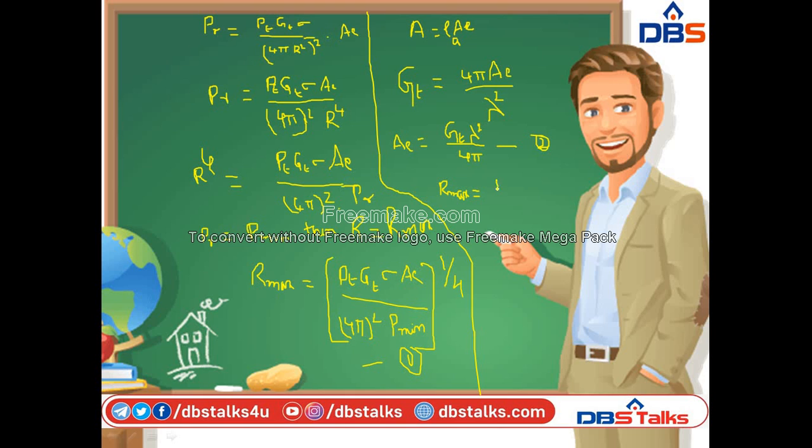That means PT GT square sigma lambda square by 4 pi whole cube, into P min, whole to the power of 1 by 4. This is our modified radar equation.